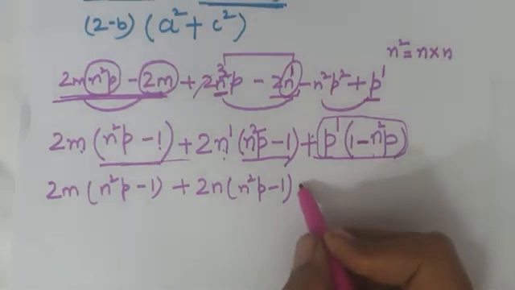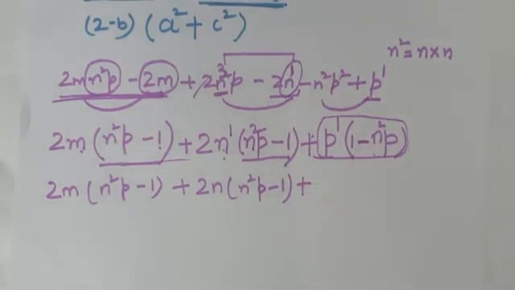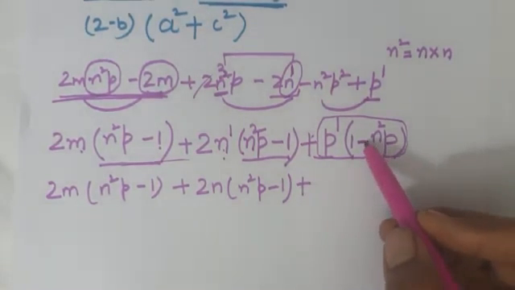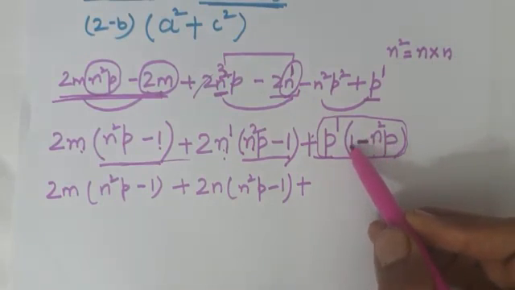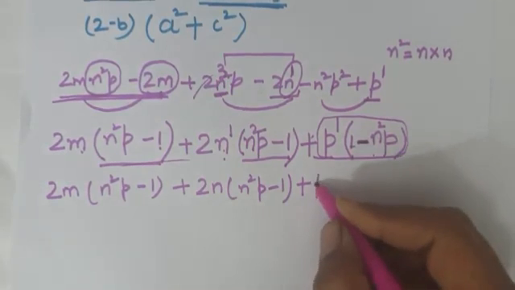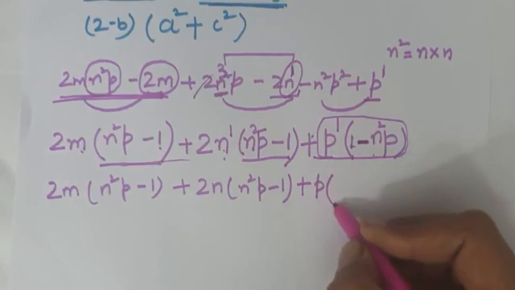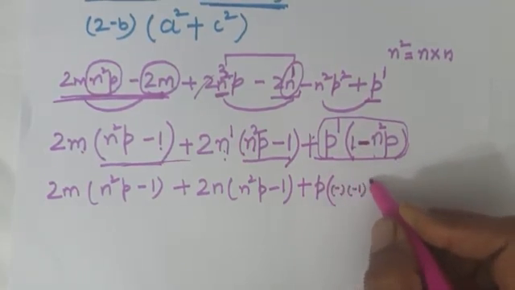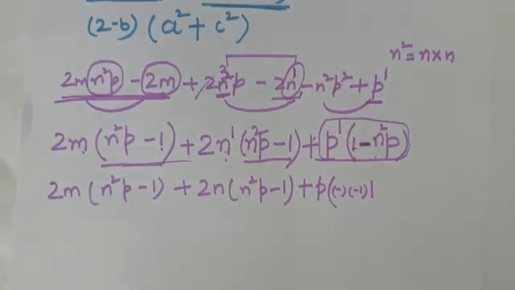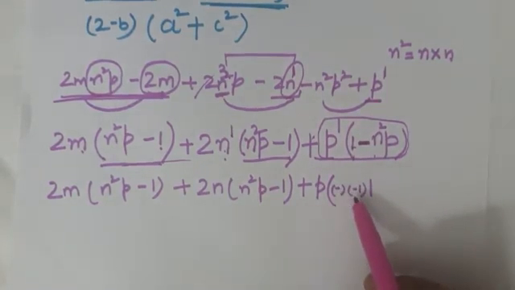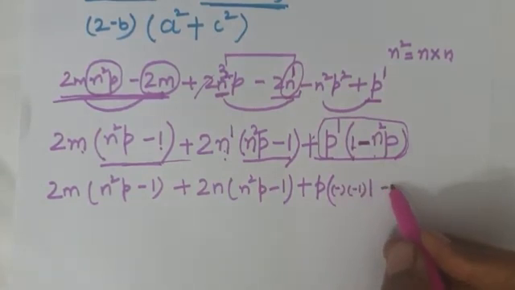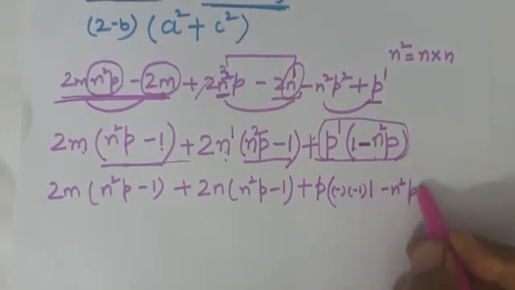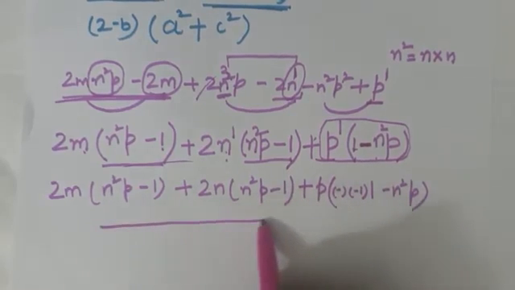Now how can we take negative sign common? You will think negative is only here, not here. But students, if you see carefully, 1 can be written as minus minus 1, because minus minus is plus. Minus n square p. Now this whole will remain same.